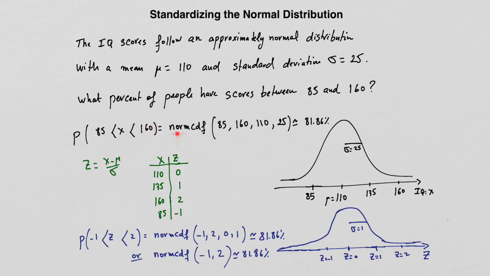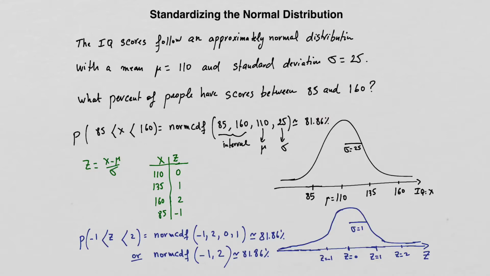And the way you do it, it's normalcdf, obviously, because we told you it's normal. And you have to put the interval from low to high, mu, sigma. So mu is given to you, sigma is given to you. I found that probability is about 81.86%.